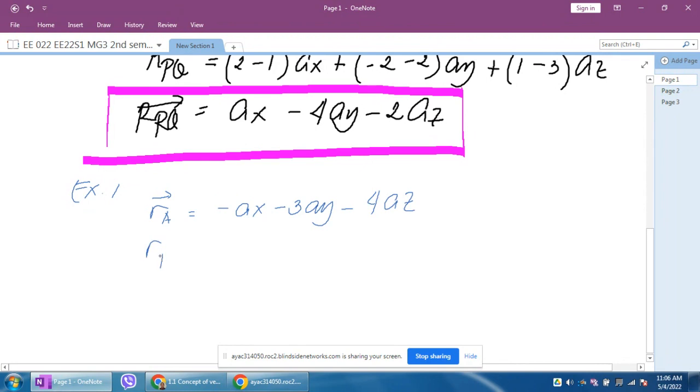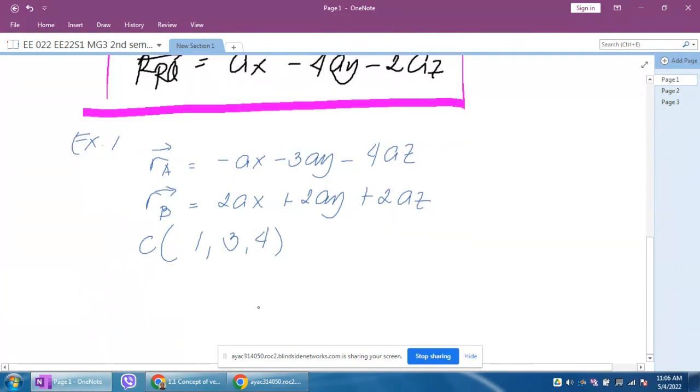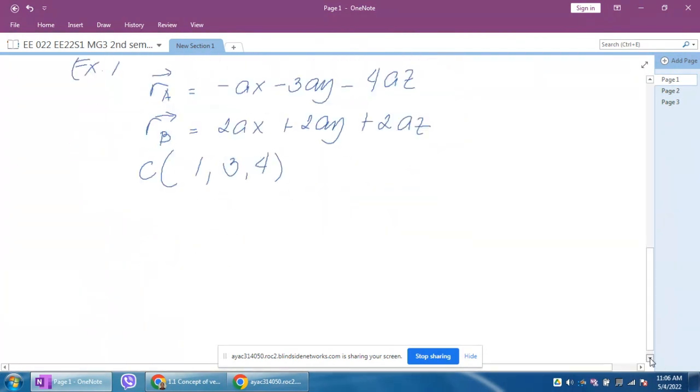And then, given vector RB, which is equal to 2AX plus 2AY plus 2AZ. And then we have here a point C with coordinates 1, 3, and 4. Okay, so we are asked to solve for the following.